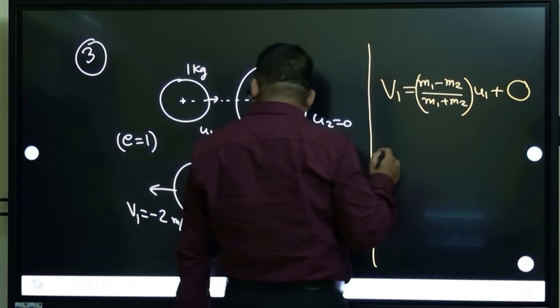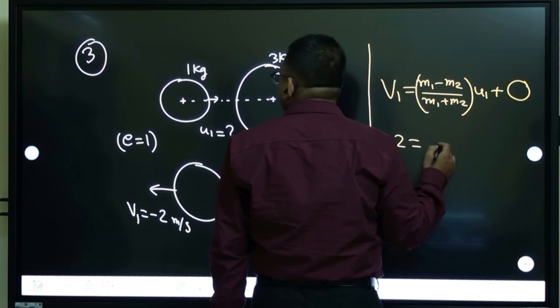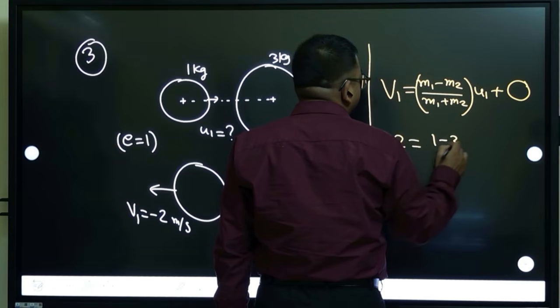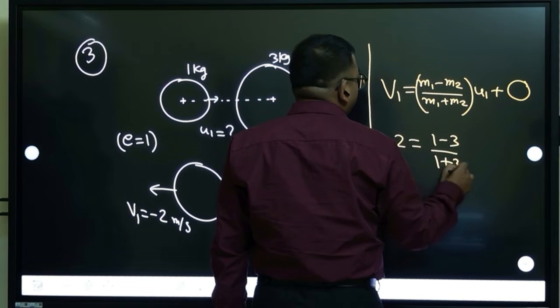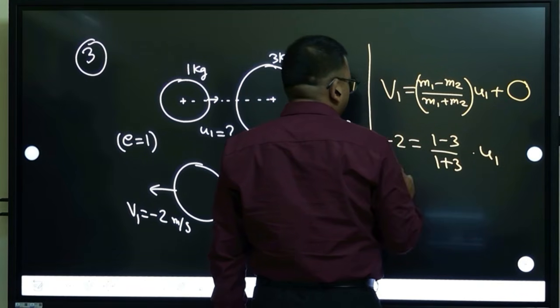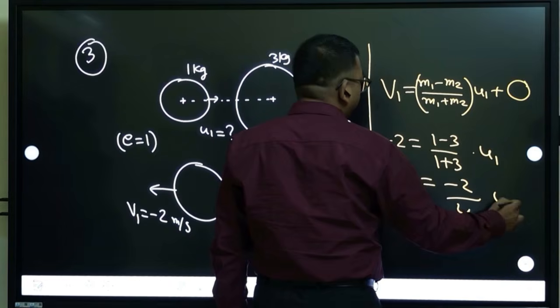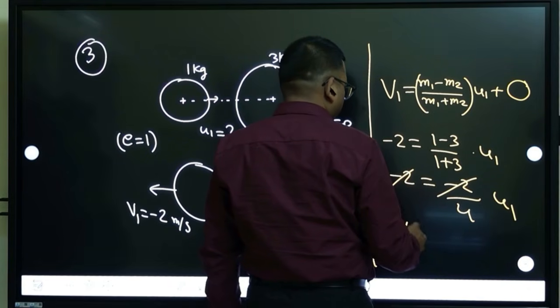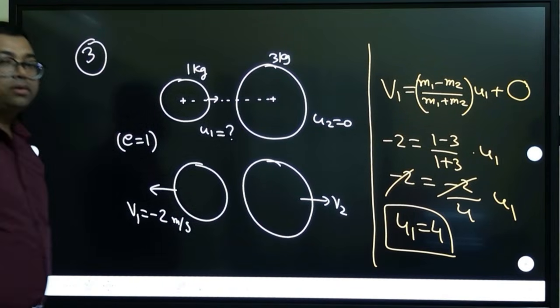So this is what you have to do. This you have to take as minus 2. M1 minus M2 is 1 minus 3 and this is 1 plus 3, and this is U1, which is minus 2. So minus 2 times minus 2 over 4, and you got the answer, 4. Simple.